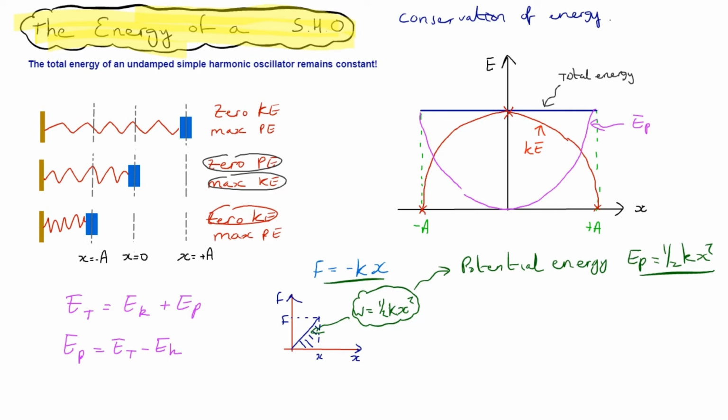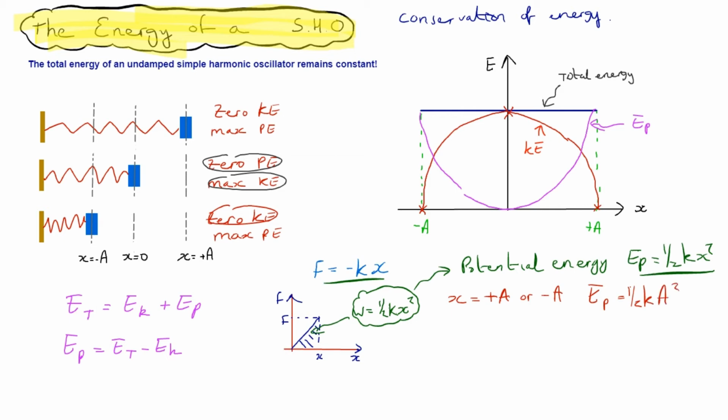Now we can do a little bit of a trick, because we know that at the extreme position, when x equals plus a or minus a, either of those positions gives us that the stored energy, the potential energy, is equal to a half ka squared.